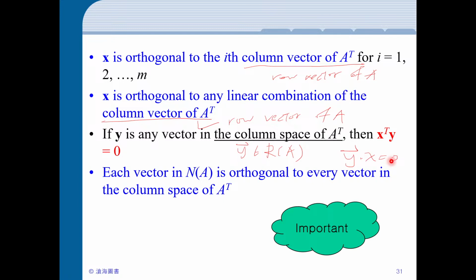So this is a good example of orthogonal spaces, although I'm making the notation very confusing because we are mixing a row space and a column space. But anyway, you're seeing everything in the null space of A is orthogonal to everything in the row space of A, or column space of A transpose.